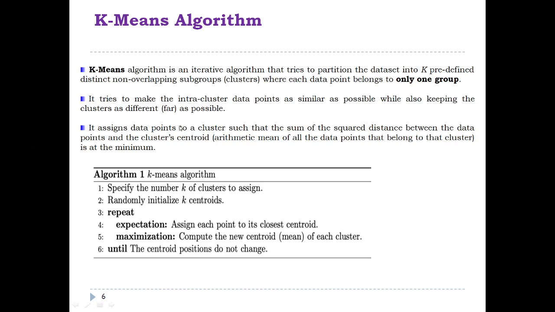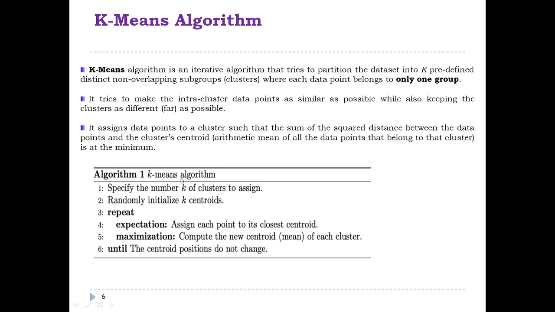It assigns data points to a cluster such that the sum of the squared distance between the data points and the cluster centroid, or arithmetic mean of all the data points that belong to that cluster, is at the minimum. So the k-means algorithm computes the centroid or mean of each cluster, and based on that, it assigns new data points to the cluster.